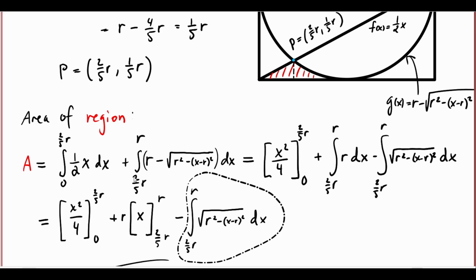But what I did next is that I decomposed this integral into two integrals. So we have here the integral 2 over 5r to r, the same interval, but we have r here instead. Okay, r dx minus, and then the other term of the integral.